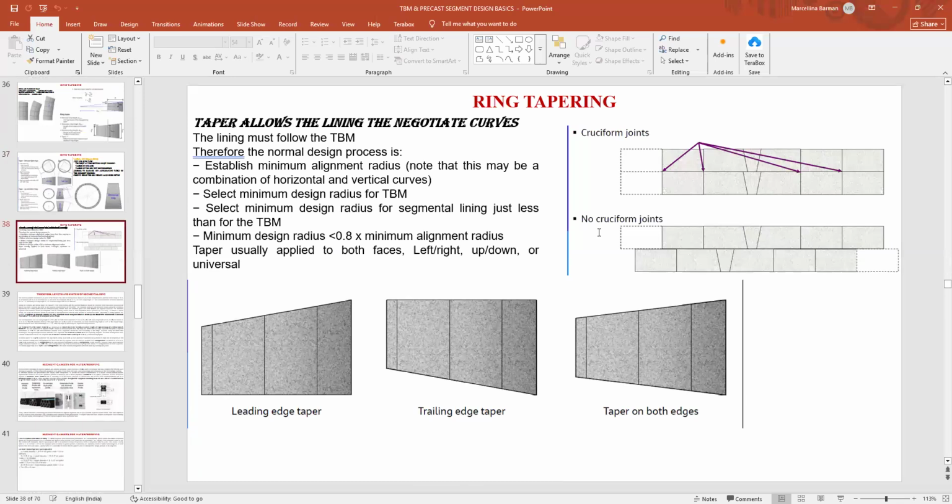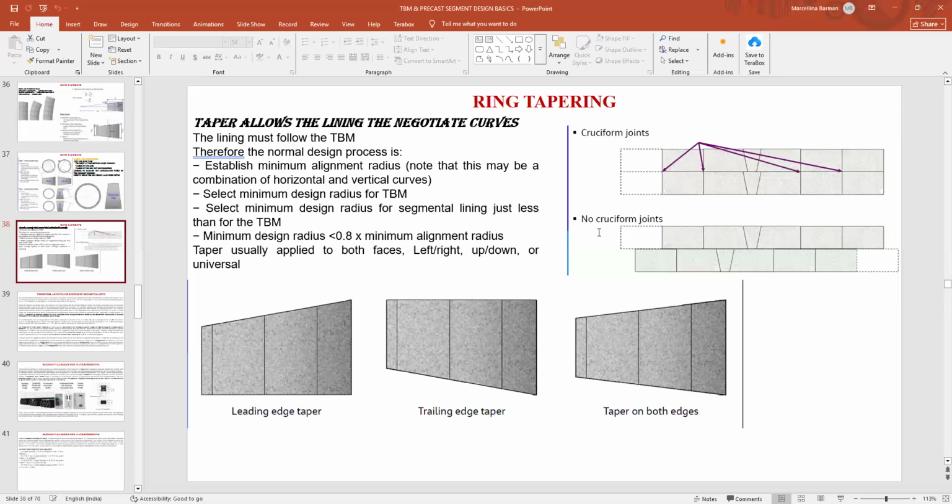Now, sometimes we see there is a stepping and leaping of the segments. That is called cruciform joints. Basically, it forms when the TBM trailing edge is not able to counter the curve. Because if it is a very steep curve, sometimes the tail end of the segment gets stuck.